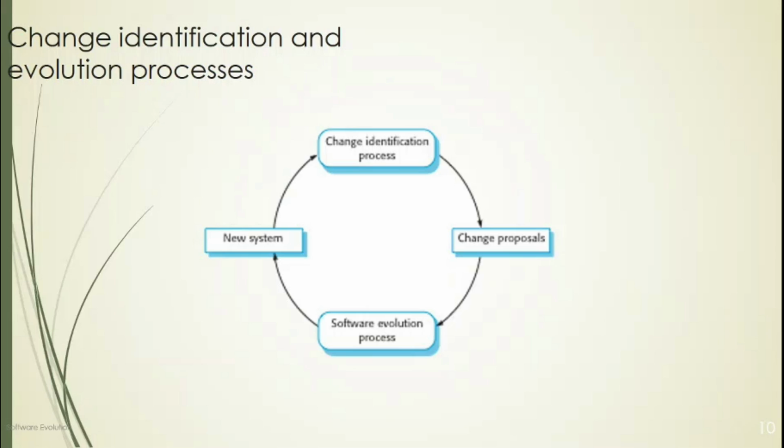If your memory does not support it, then there is no need of going for upgradation, and you may not get the upgradation changes for that existing system. So depending upon the memory, you can do the changes. This is the change identification and evolution process.